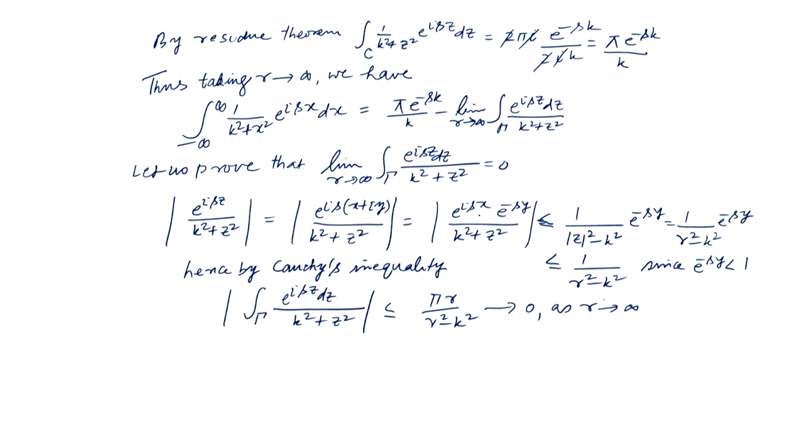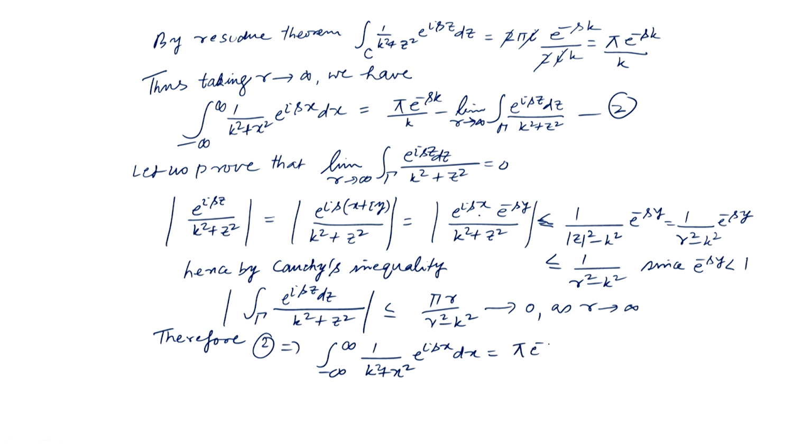Therefore, let me call it 2. Therefore, 2 implies the integral from minus infinity to infinity of 1 over k squared plus x squared e to the power isx dx is equal to pi e to the power minus sk over k.